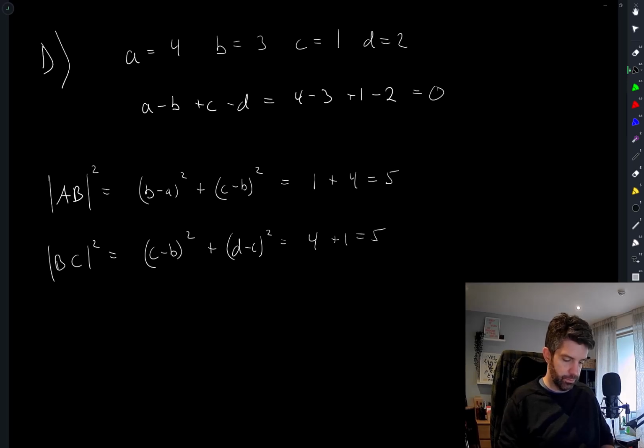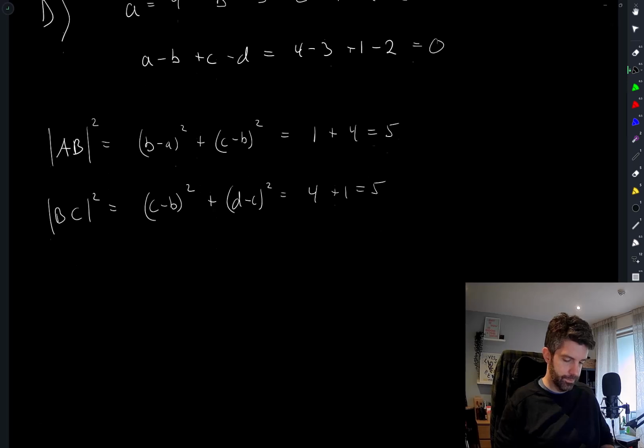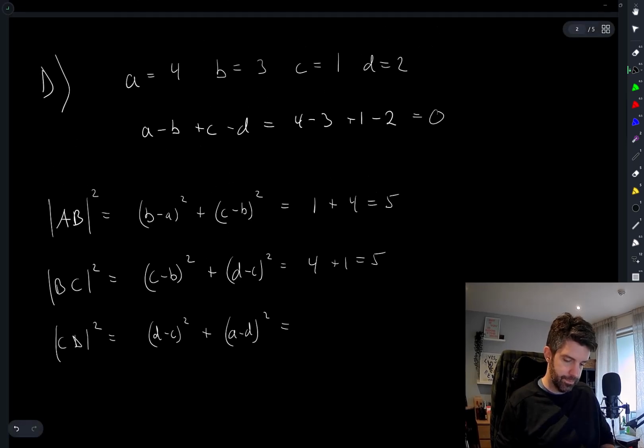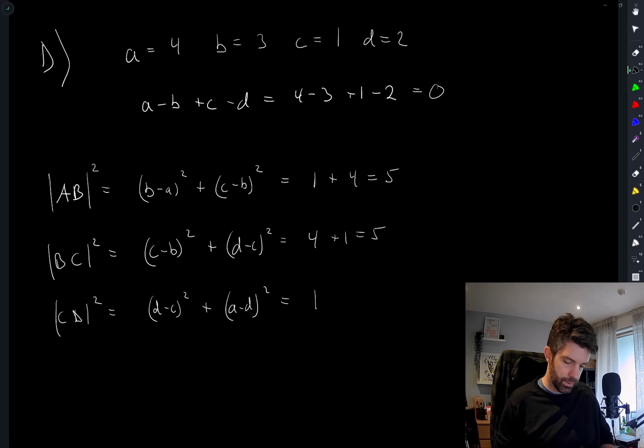Okay, so that works. CD squared: (D minus C) squared is 1, (A minus D) squared is again 4.